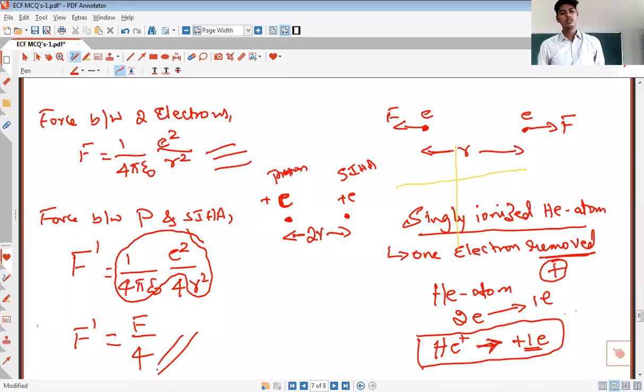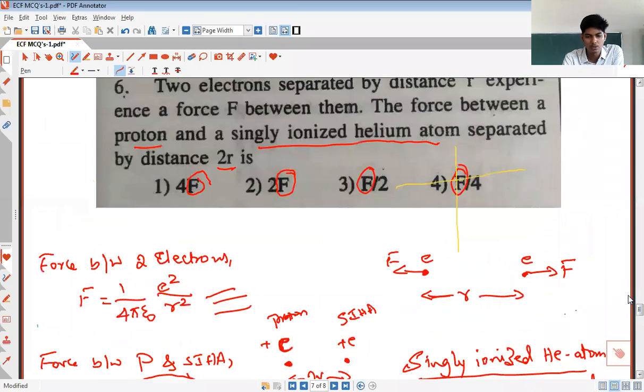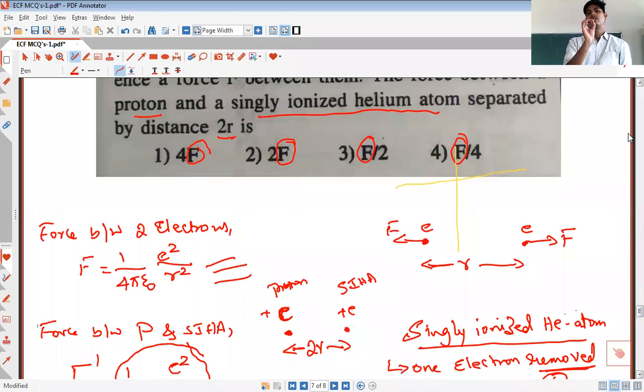So this is regarding the force between a proton and a singly ionized helium atom. F by 4. See, the problem is very simple. The charge on 2 electrons, the charge on a proton and the charge on a singly ionized helium atom are the same.